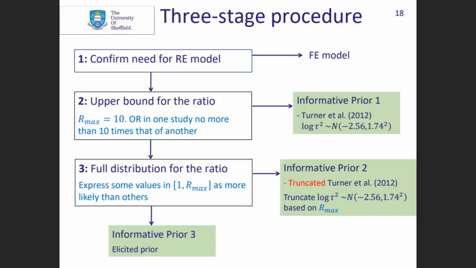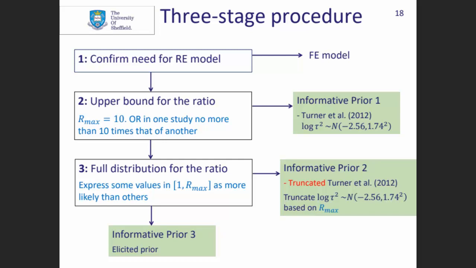So if experts cannot provide such information, but believe that a random effects model is appropriate, then we use Turner's prior. So Turner, as I said before, they've analyzed loads of meta-analyses and come up with a prior distribution for tau, and we use that in this case.